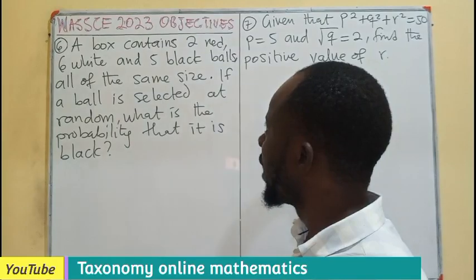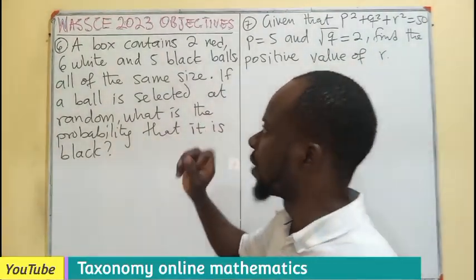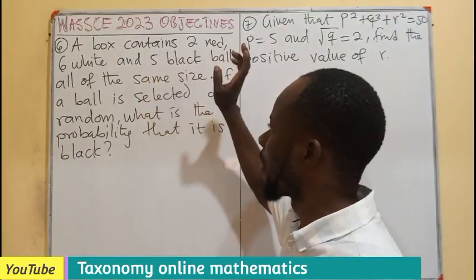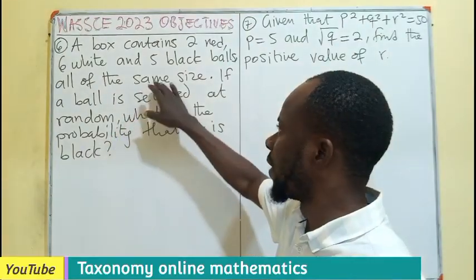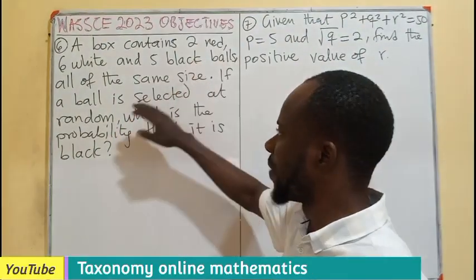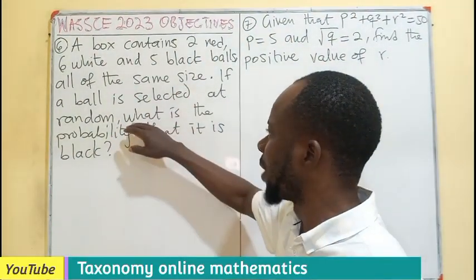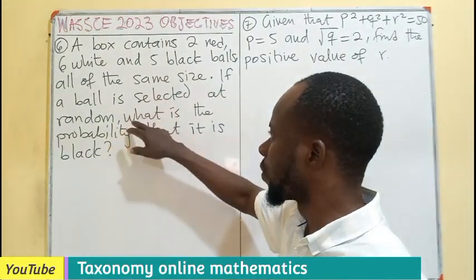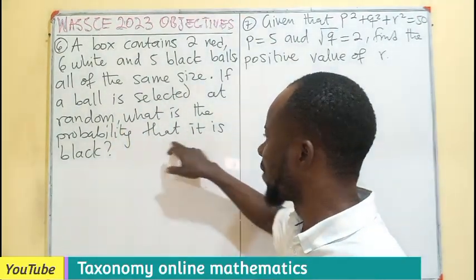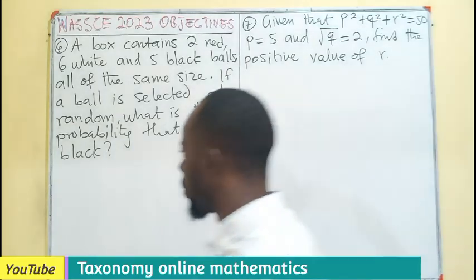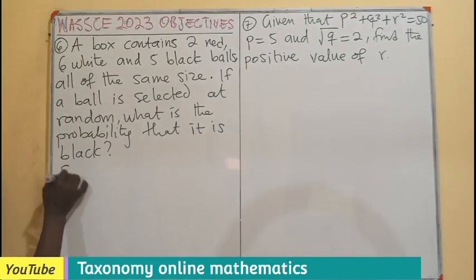A box contains 2 red, 6 white, and 5 black balls, all of the same size. If a ball is selected at random from the box, what is the probability that it is black? We know probability is simply event over sample space.